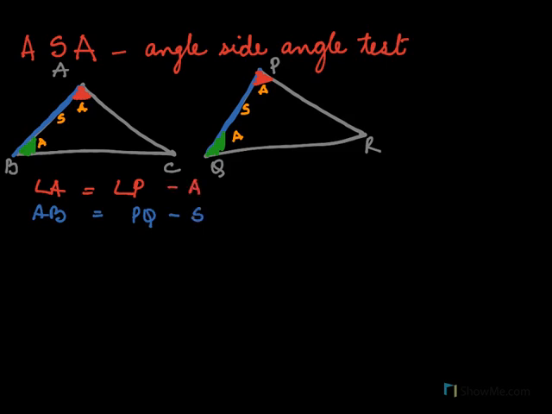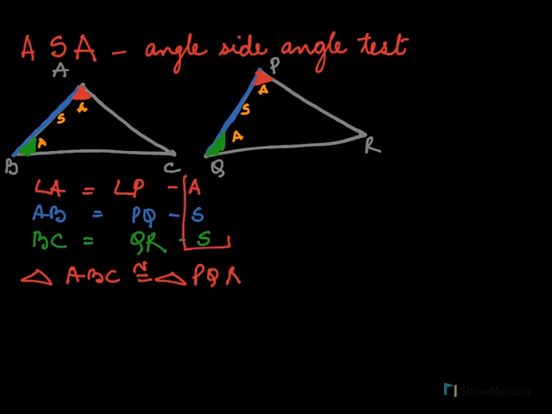This earlier one gave me an angle, and then I have side BC equal to QR, and that gives me another side. So I'll have triangle ABC congruent to triangle PQR by the... here I made a mistake.